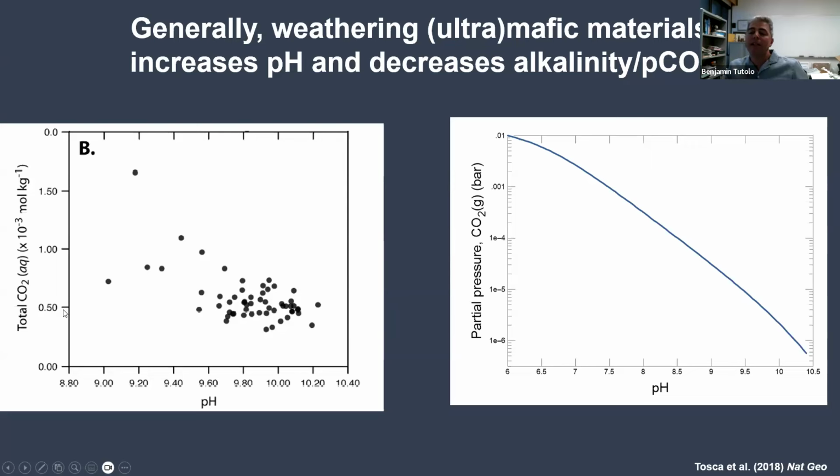Even though the relative concentration of CO2 in those samples is not changing much, probably not within the variability of the sampling, as the pH increases with constant CO2, we can see that the partial pressure of CO2 decreases dramatically. I'm happy to answer questions about this if you like.